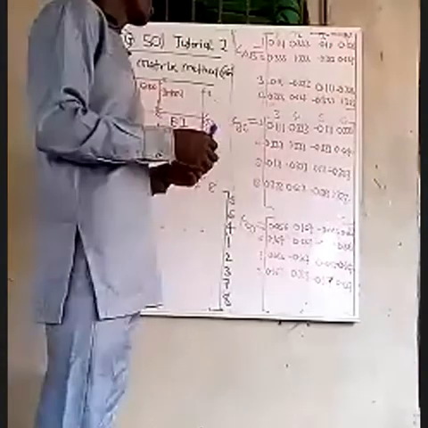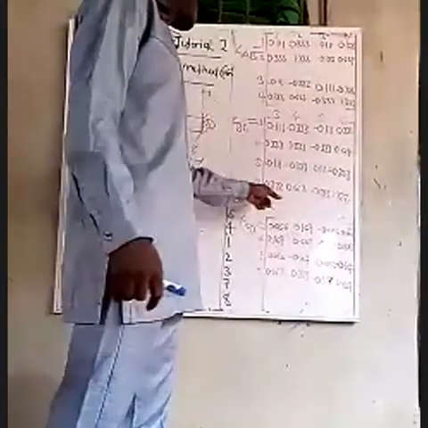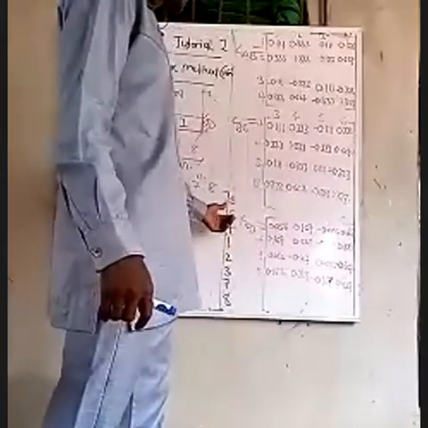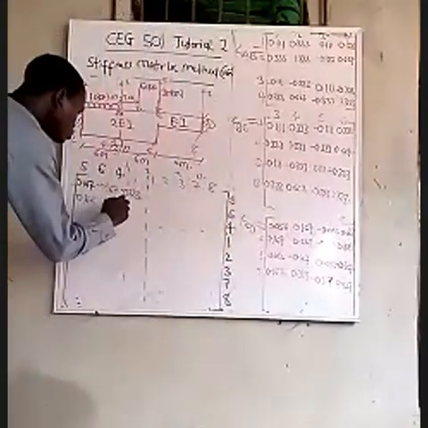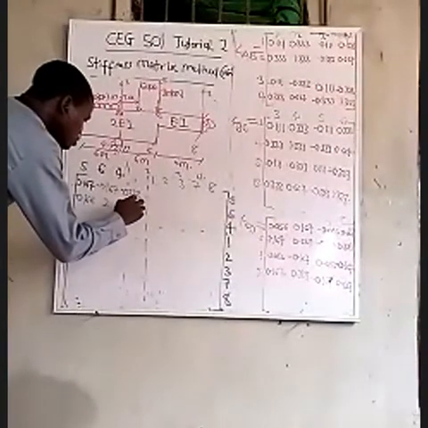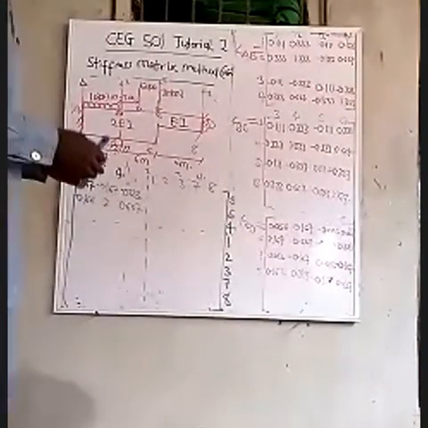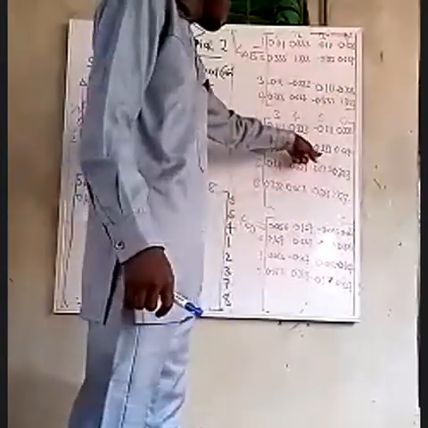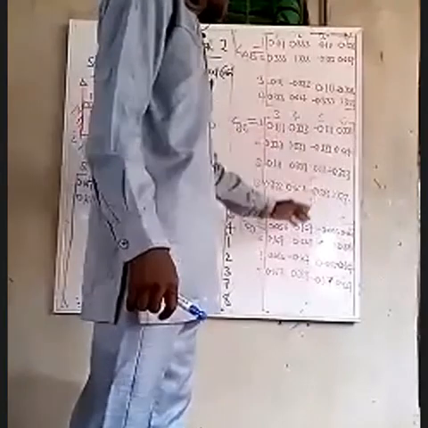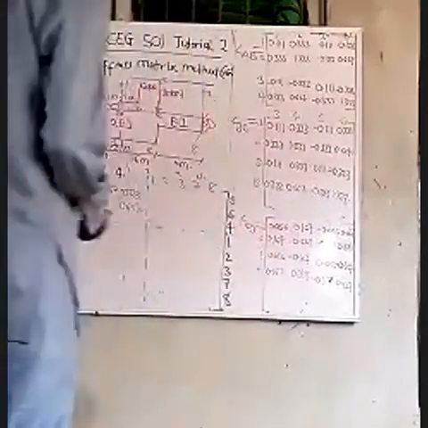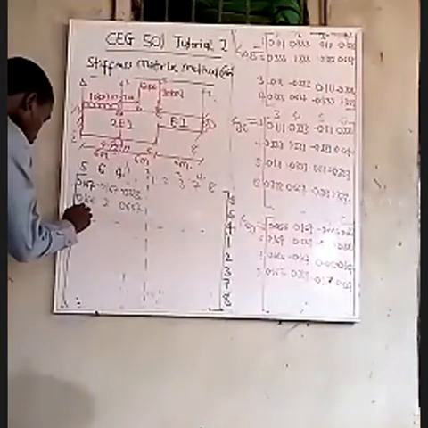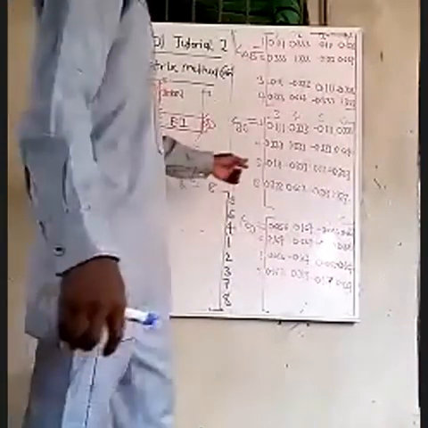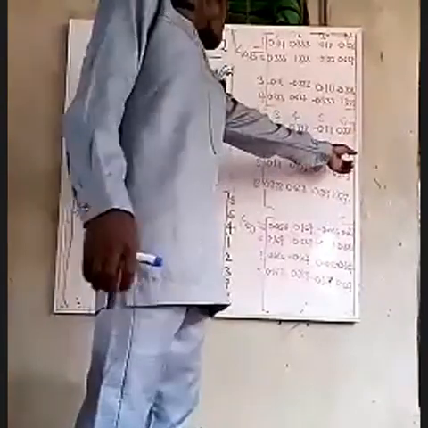So 4-6 is 0.667. Any other 4-6? No. So 0.667. Then 5-4 is minus 0.333. Any other 5-4? No. Then 6-4 is 0.667.